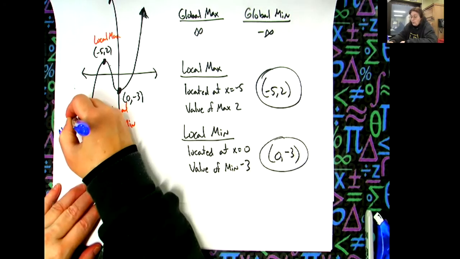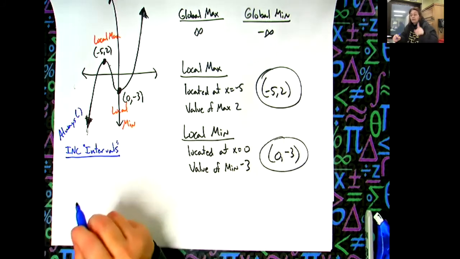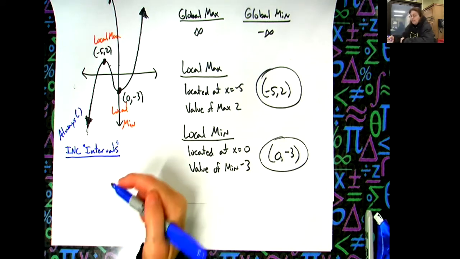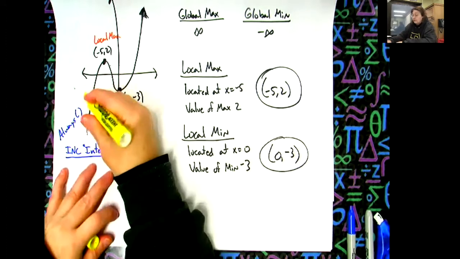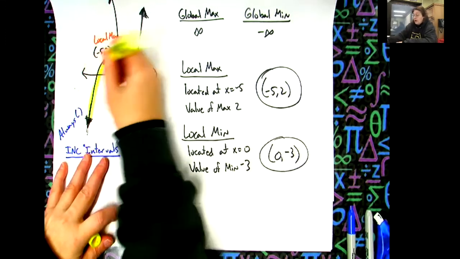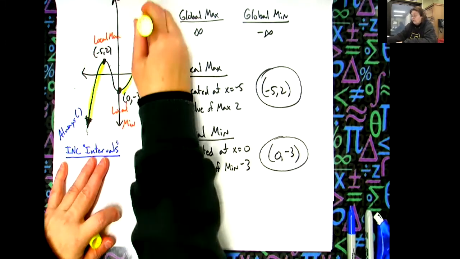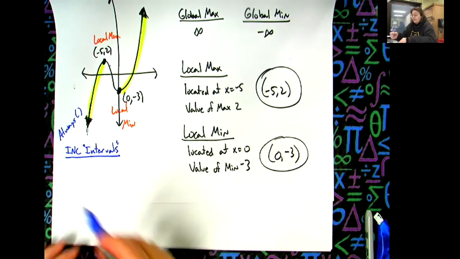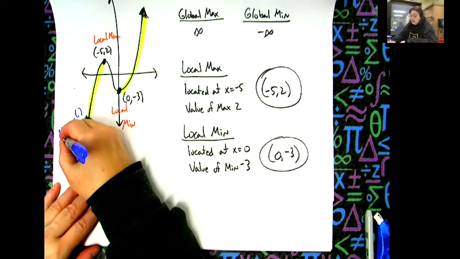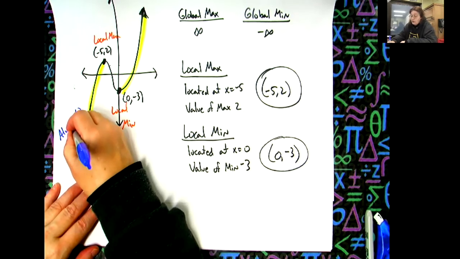Now, not for domain and range, but for intervals. So where's this function increasing? I think you watched the video yesterday, right? It's increasing here and it's increasing here, which we can locate on the graph. It's not too bad. They're always curvy brackets and it's x values.